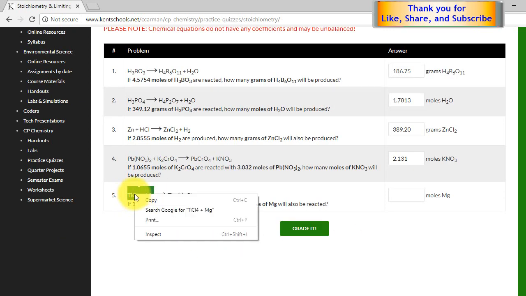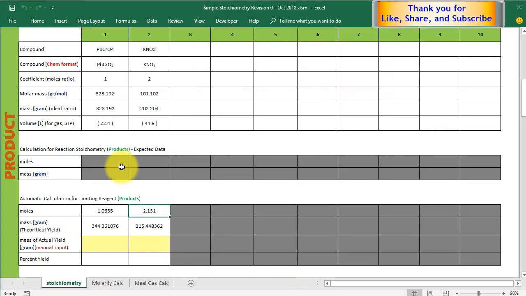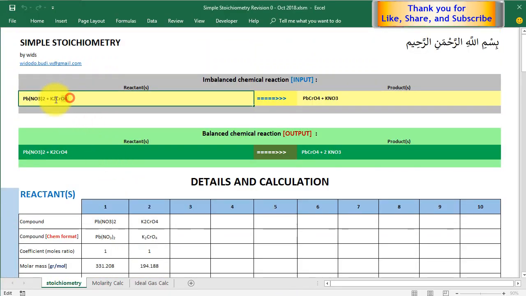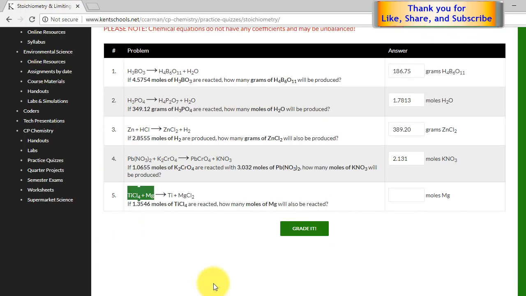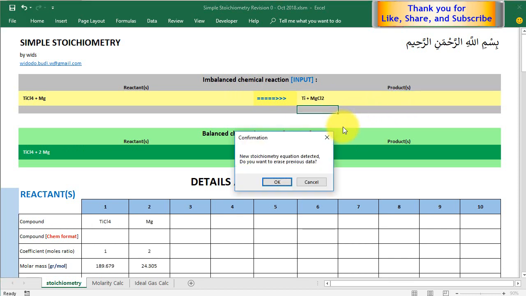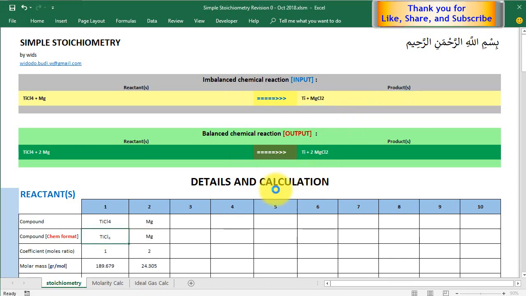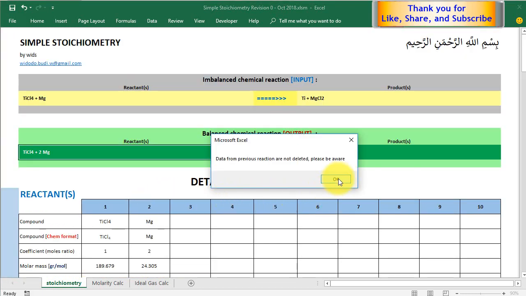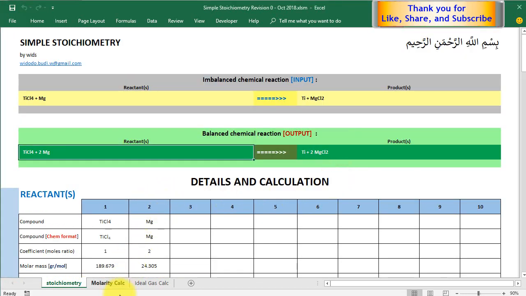And the fifth, I think this is the last problem today. Right? This is titanium tetrachloride reacting with magnesium, and the products are titanium and magnesium chloride. Enter, cancel, and what is the question?